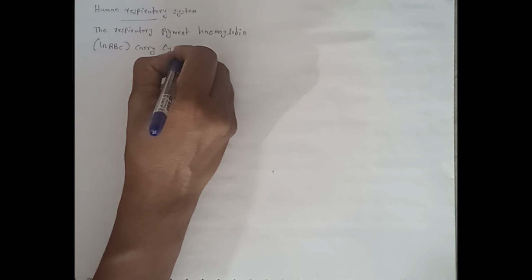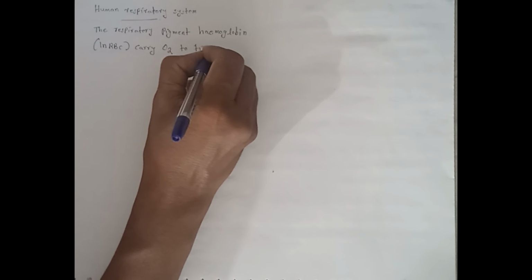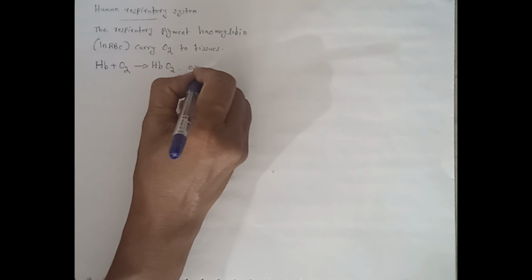RBCs carry oxygen to the tissues or cells of different body parts. Hemoglobin has a very high affinity to oxygen. Oxygen molecules bind with a single hemoglobin to form oxyhemoglobin.